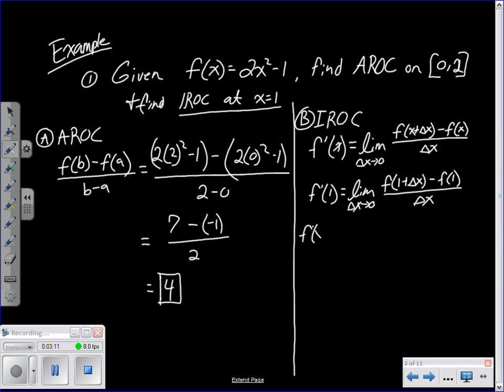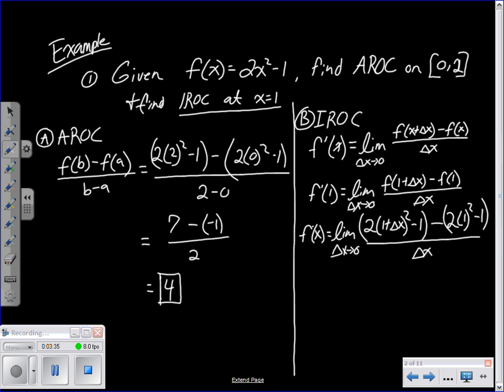My function is 2x squared minus 1, and I'm going to plug in 1 plus delta x. So I get 2 times 1 plus delta x, quantity squared, minus 1, minus f of 1, which is 2 times 1 squared minus 1, and that's going to be divided by delta x.